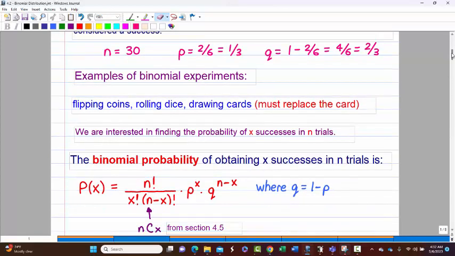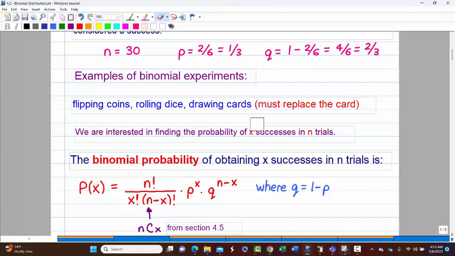Now here are some binomial experiments, flipping coins, rolling dice, and a lot of times the problem will say, even if you're not sure, just assume the conditions of a binomial experiment are met. So sometimes we do take liberties with things a little bit. Drawing cards can only be considered binomial if you replace the card, because if you didn't, the probability of your next event would be affected by the event before.